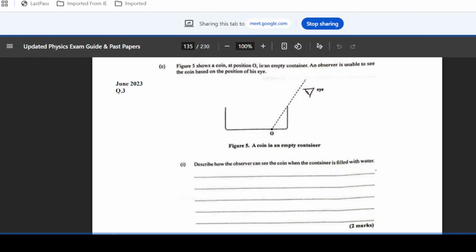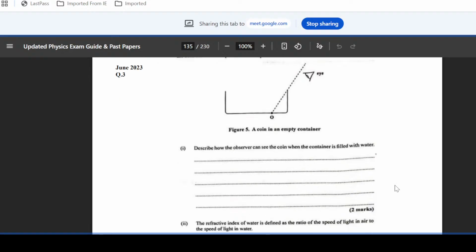So it's okay to mention that it's reflection that's needed so the coin can be seen, right? Reflection. Yes, sir. Alright, repeat what you had said before.